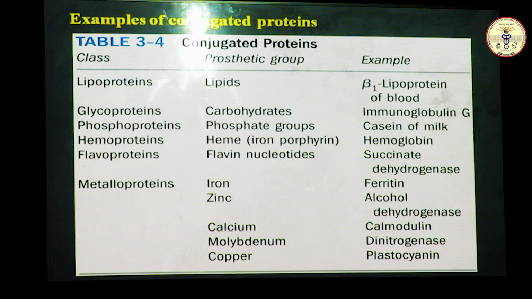Example is immunoglobulins. IgG is one of the examples. Flavoproteins, its prosthetic group is flavin nucleotides. Example is the succinate dehydrogenase enzyme. Whereas in metalloproteins, example is the alcohol dehydrogenase enzyme.